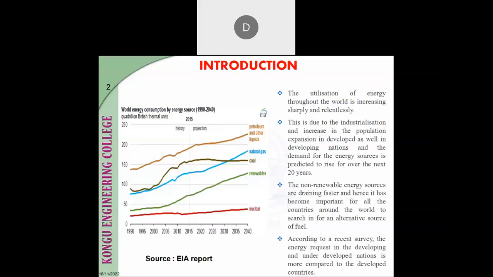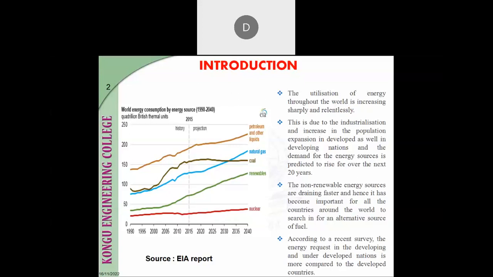Okay, so now if you see the introduction part, of course we know that energy is really needed in the present scenario. Energy is the most important thing for all people, and the usage of energy is tremendously increasing due to the growth of various industries and the growth of population.